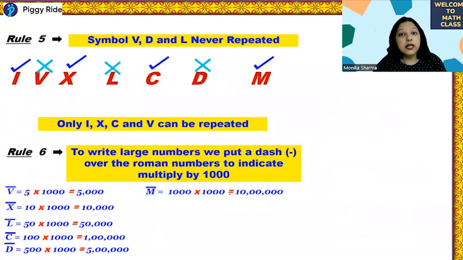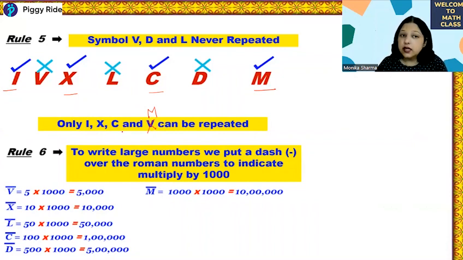Now the next rule, again very, very important: symbols V, D and L are never repeated. You cannot repeat V, D and L. You can only repeat I, X, C and M if we want to write bigger numbers.